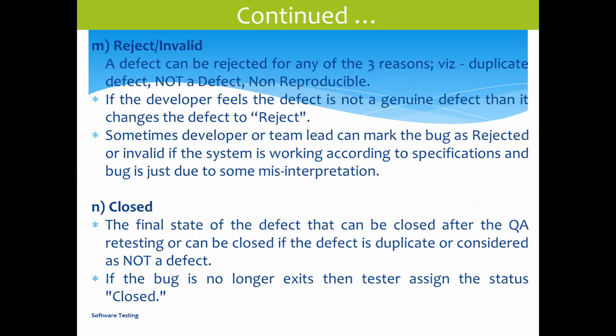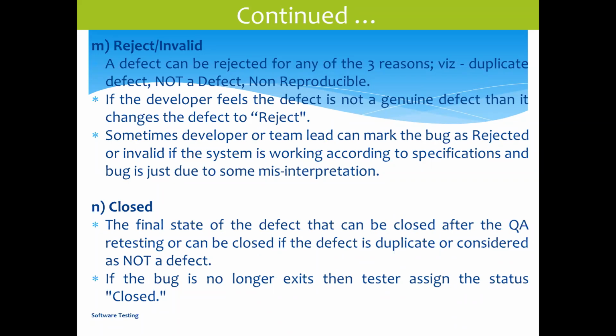The next state is reject or invalid. Whenever you raise a bug, if it is a duplicate also, the developer can give it as a reject or they can mention it as a duplicate. If it is not a duplicate, and some other things are there, like you have made a mistake, the steps you are following are not the correct approach, or you missed some steps, due to which it is not working, then in that case they can reject that bug.